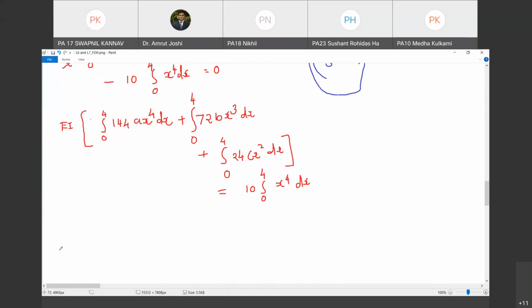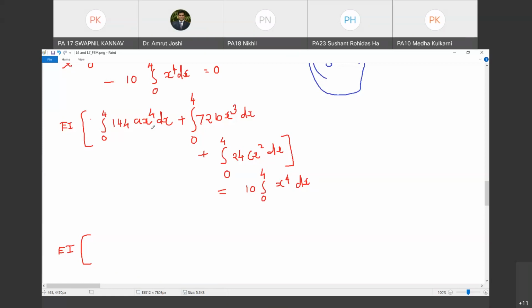So the first term, EI common into bracket, integration of 144 x raised to 4. So that's what I'm going to do now. Integration 144 a x raised to 4 within the limits.